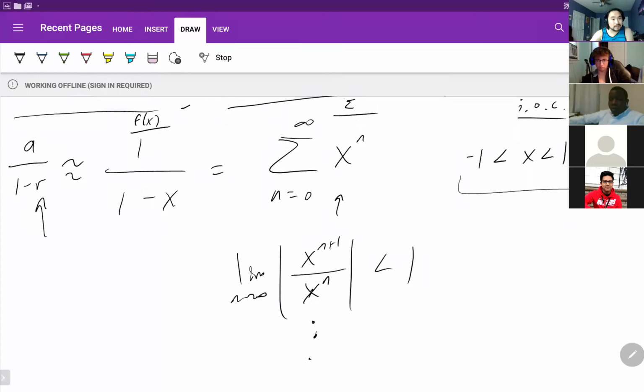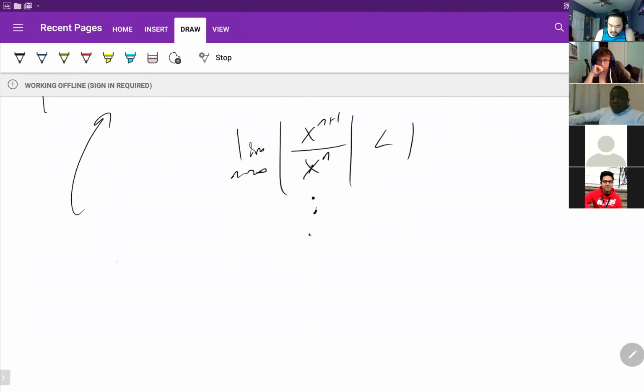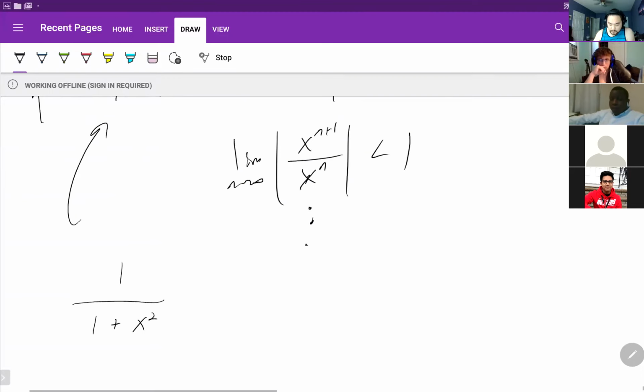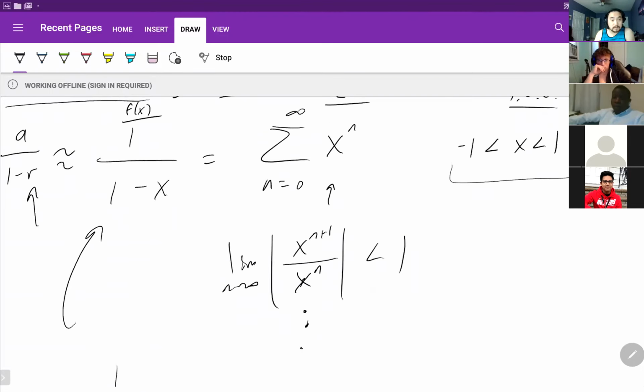And then I showed you guys a trick. What if we had another function that resembled 1 over 1 minus x, like 1 over 1 plus x squared? The trick was to make it look like 1 over 1 minus x.